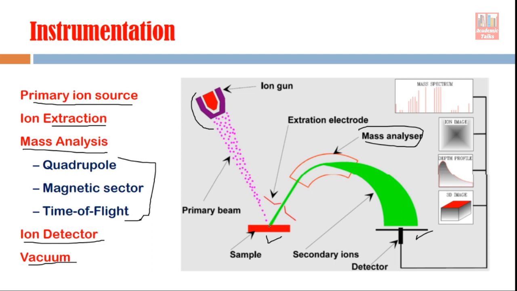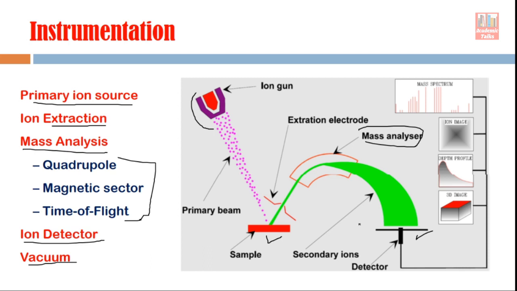Not only the primary ion source, even the secondary ions which are coming out of the sample, their energy is not that high. So if there are other gases or atmospheric gases present in the surrounding, these ions will not be able to come out, and that way they cannot be identified by the mass analyzer, and they cannot be detected by the detector.